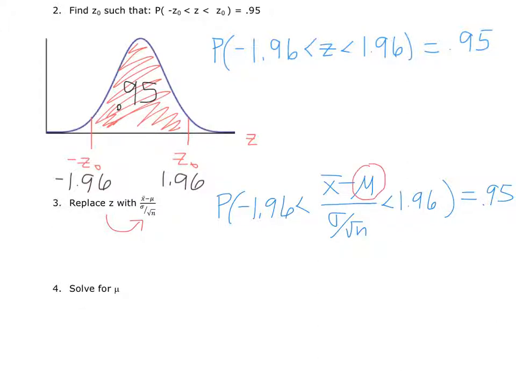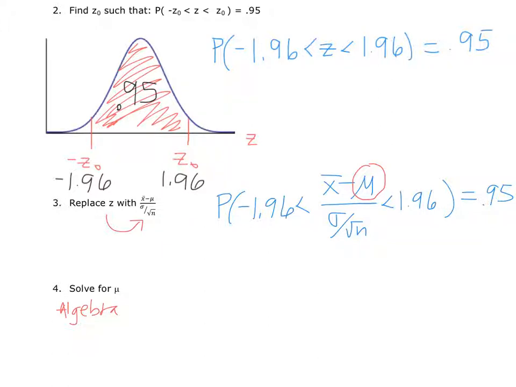We want mu to be by itself between two quantities, two values. So we need to do some algebra. We see that mu is in the numerator and it's got a denominator. So if we multiply all three pieces of that inequality by that denominator, we'll clear the denominator in the middle.